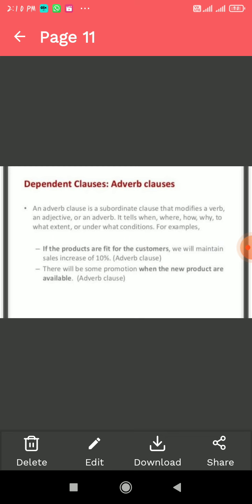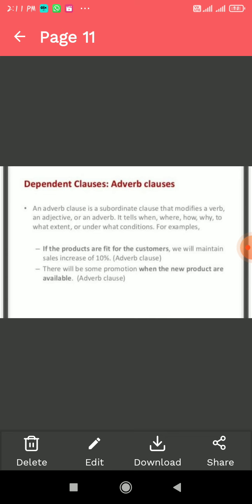There will be some promotion when the new products are available. The lines printed in bold, if the products are fit for the customer and when the new products are available, are called adverb clauses because they have a subject as well as a verb. If the and when the are the subjects.